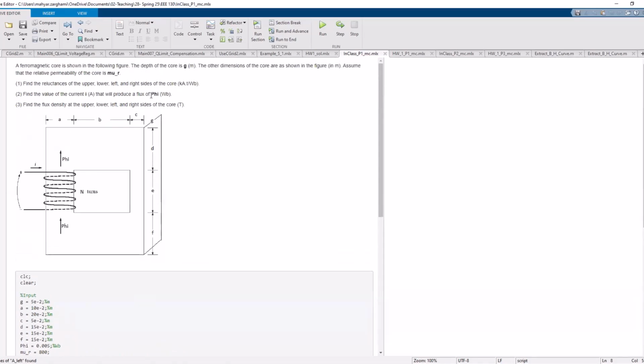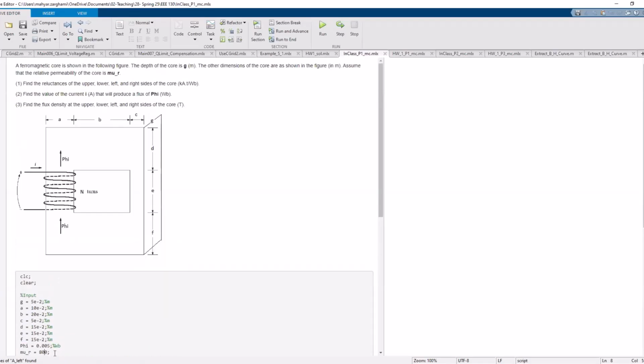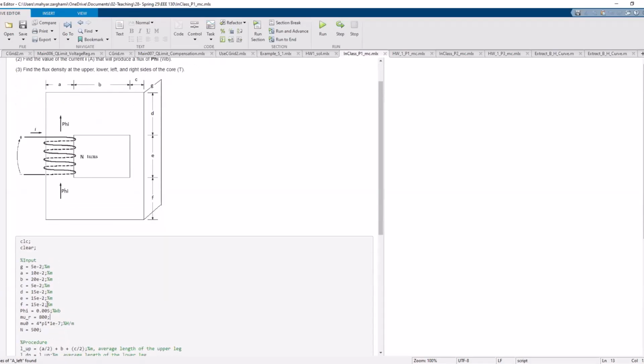The phi, or the flux that we're going to expect, is 0.005 Weber. Mu r, or the relative permeability, is 800. And the number of turns is 500. And mu 0 is equal to 4 pi times 10 to the power of minus 7 Henry per meter. So these are the inputs of the problem.